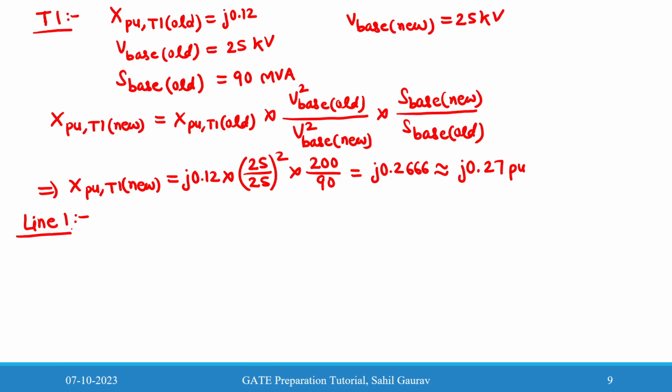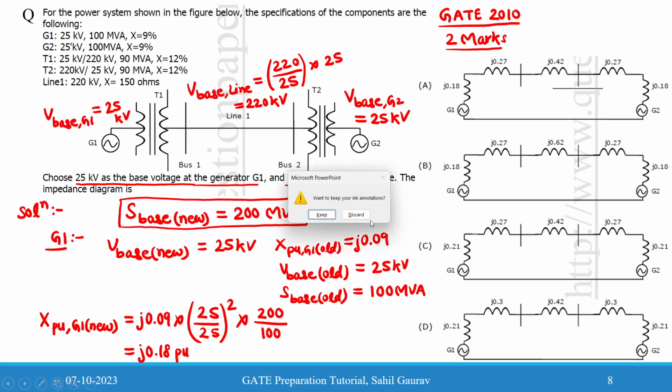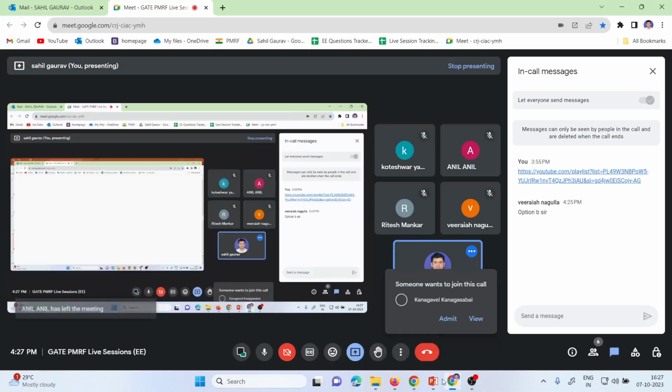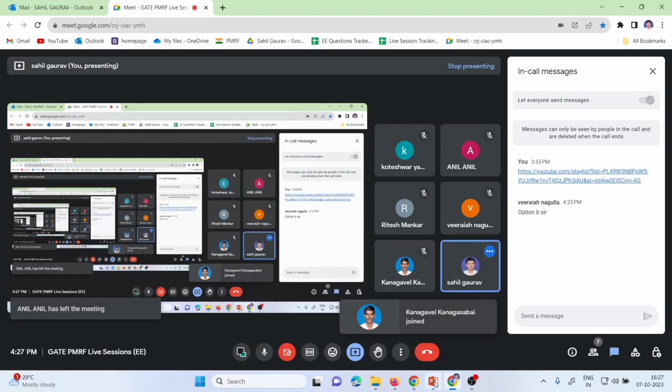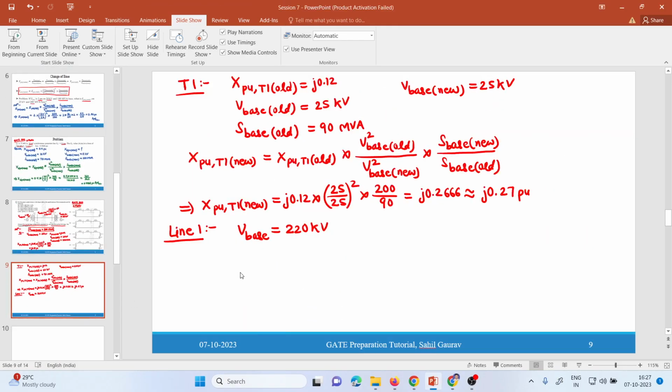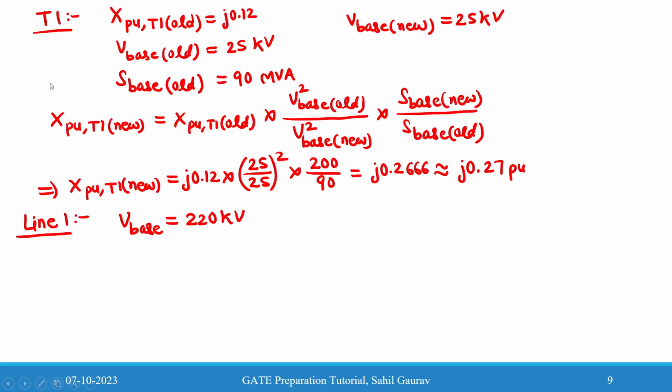For line 1 we are not given the per unit quantities, we are given the actual quantity. V base for line 1 is 220 kV and S base we know is 200 MVA. Therefore we can first find Z base. The X value, the actual value, is given as j150 ohm.